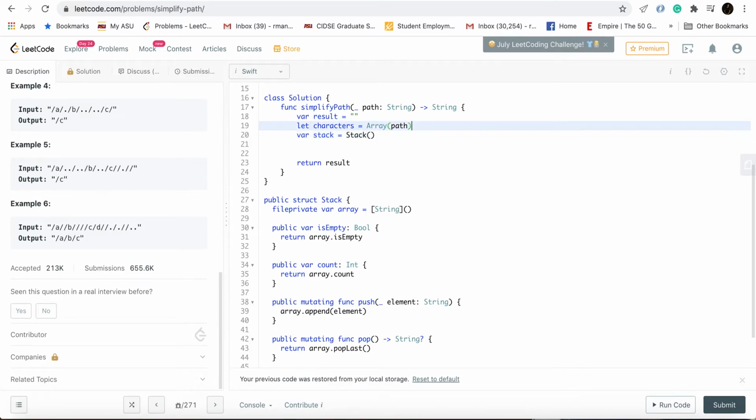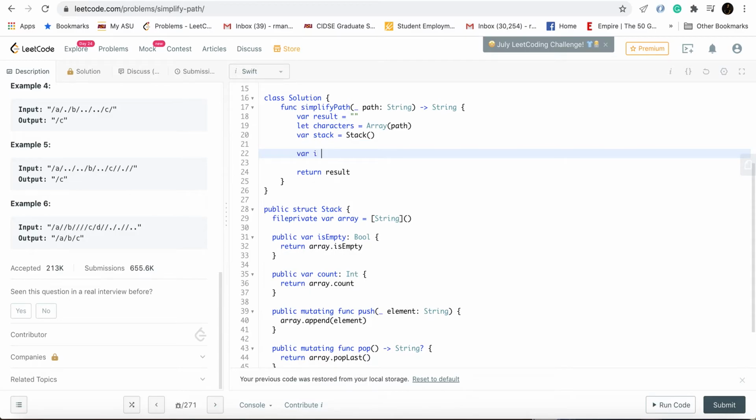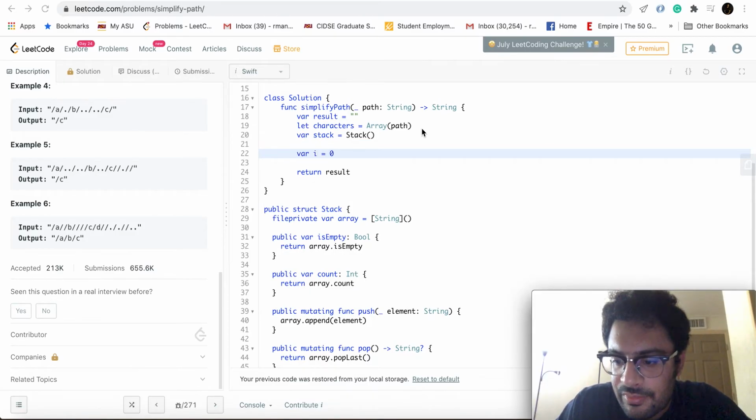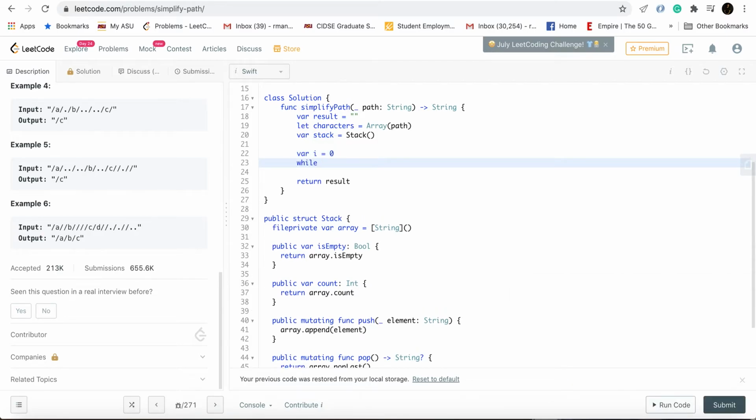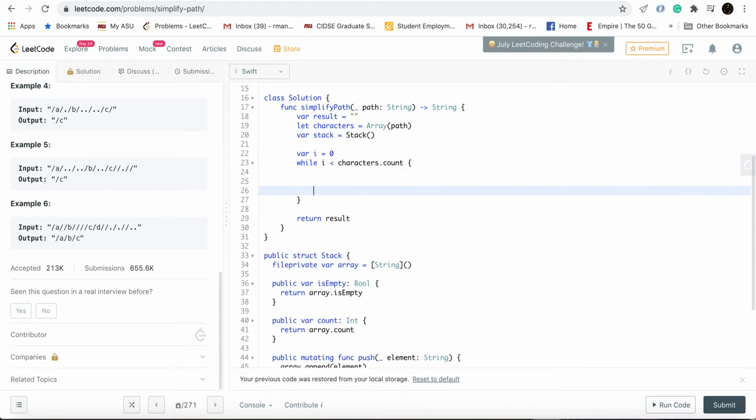I'm sorry, we don't need semicolons in Swift, I'll just remove that. Now let's define an iterator variable i, which will iterate over all the characters. While i hasn't processed all the characters, this is what we'll do. Now I'll declare it. Please ignore the extra empty lines that I'm inserting. That's just for the sake of readability. I do not encourage putting in random empty lines. This is a temporary variable that we'll use.